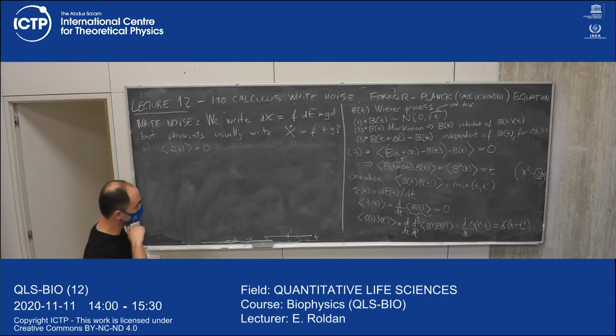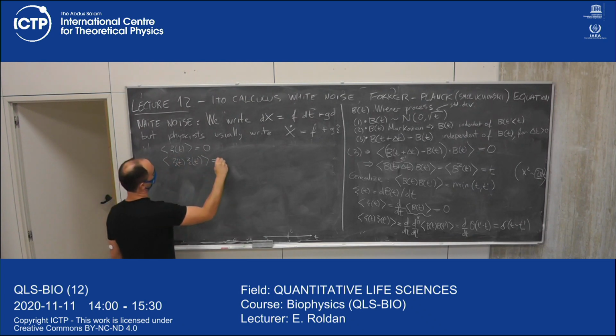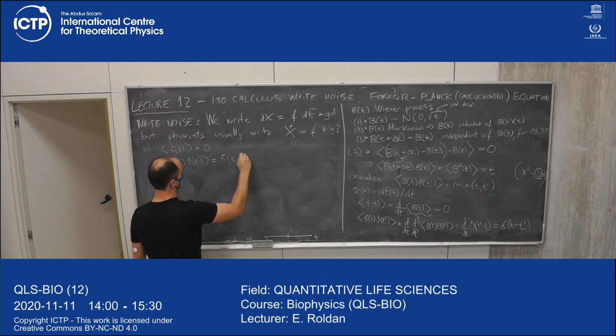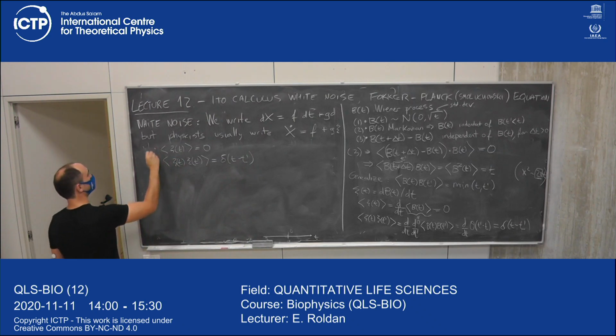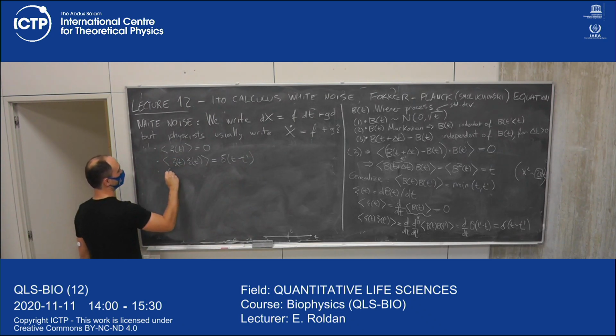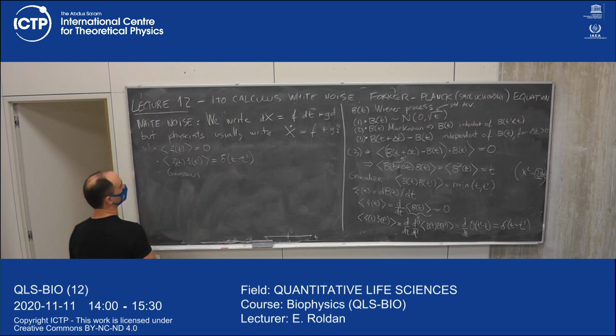It is Gaussian distributed and it has autocorrelation delta function, delta of t minus t prime. This is the process.